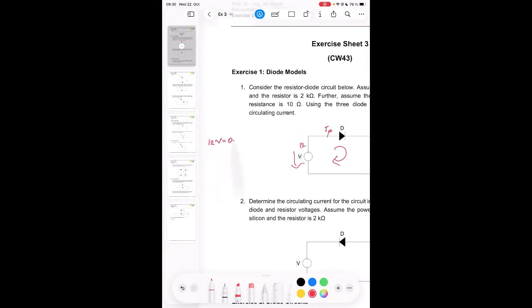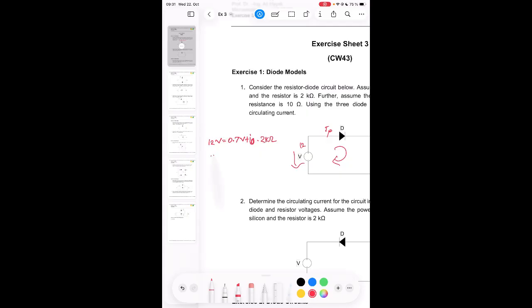And let me take this place to just simulate the latest one, which is the piecewise model, 12 volt again. We have now not only our diode, which is now shorted because it's on, we have our 0.7 volt, and we have now the simple model of the diode.